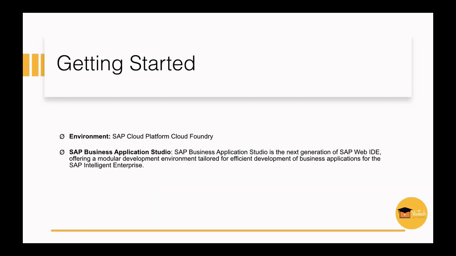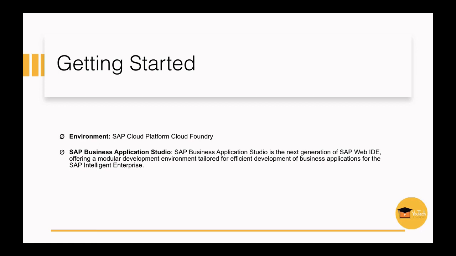Now, we will get an overview of the development environment and will go through a few setup steps to get the development started. We will use SAP Business Application Studio in SAP Cloud Foundry environment for the development of SAP UI5 application. SAP Business Application Studio is the next generation of SAP Web IDE.